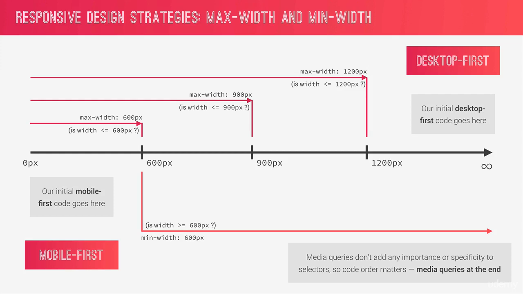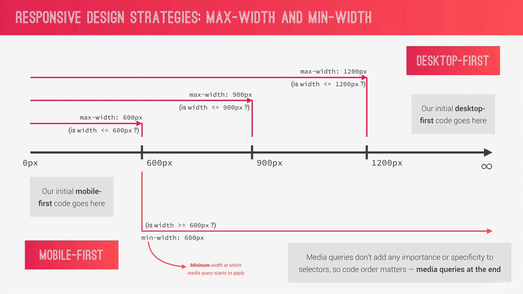So it's called a min-width query because 600 pixels is the minimum width at which the media query starts to apply. Now visually speaking, this translates to a pixel range starting from 600 pixels covering all the way until infinity, basically. So all screens with a width larger than 600 pixels will have the code in this media query applied to the page. Make sense?